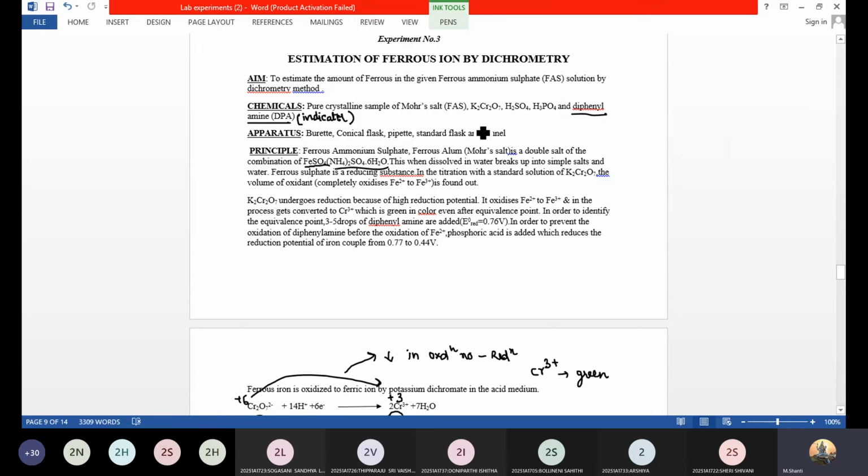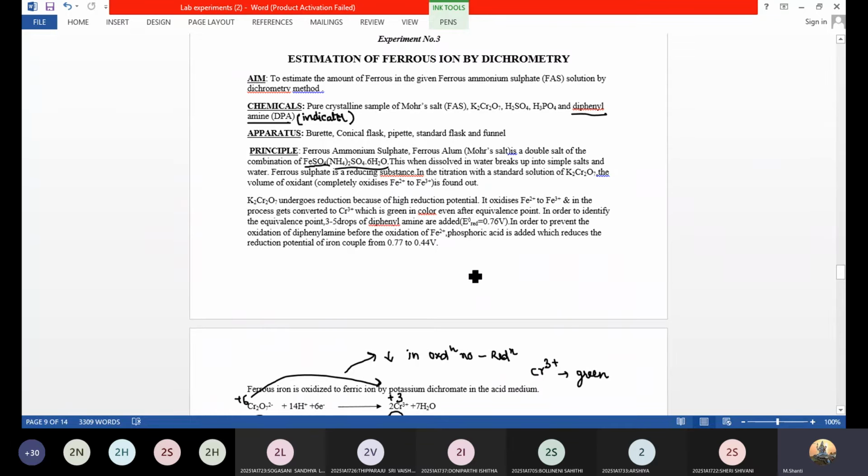But here, as the reaction is proceeding, the green color remains as green only. There won't be any change in the color, so you cannot identify the end point, for which you add 3 to 5 drops of diphenylamine. Understood now why indicators are used in dichromate titrations but not in KMnO4? This is the reason.